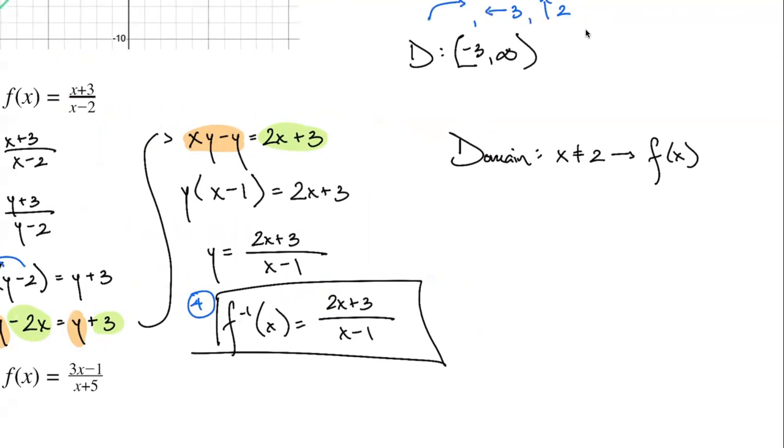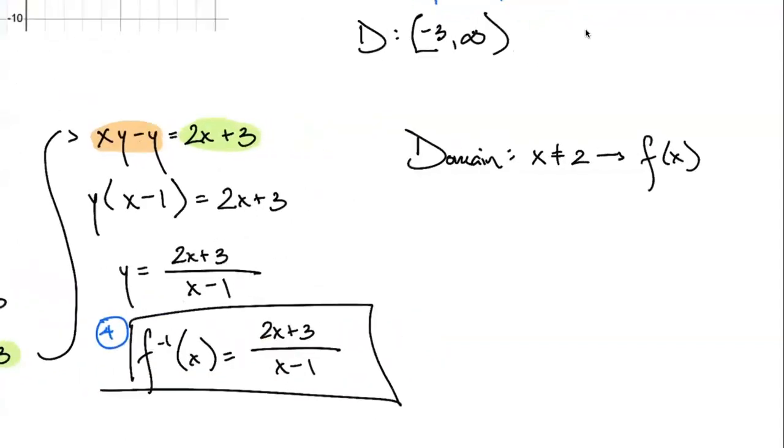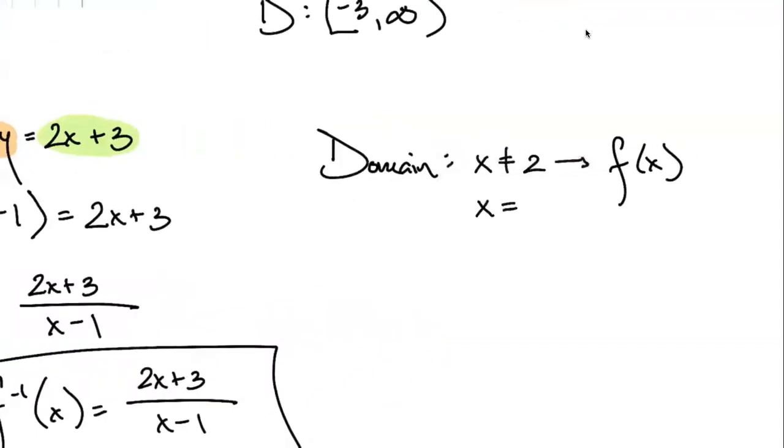Now, if we use that same reasoning, what's going to be something we cannot put into the inverse? Well, same thing. We need to see what makes the denominator 0. Turns out that's 1. So x cannot equal 1 because the inverse function will be undefined there, right?